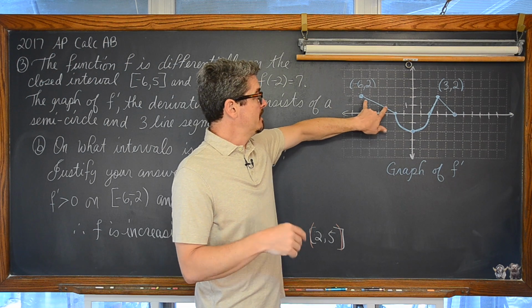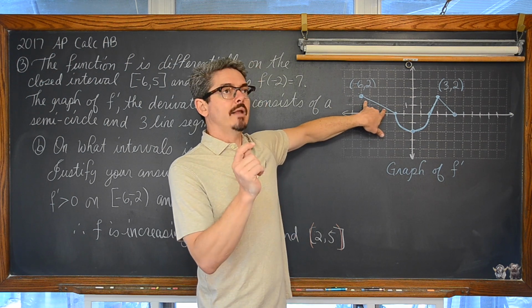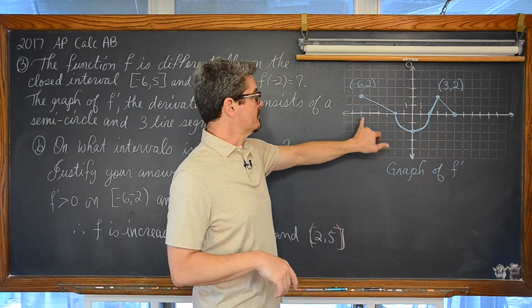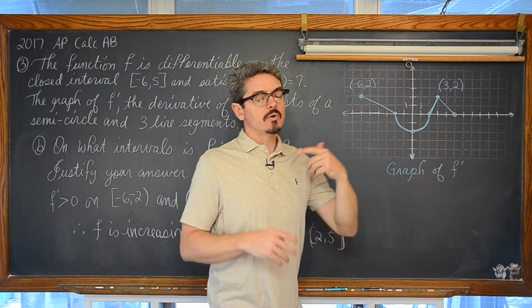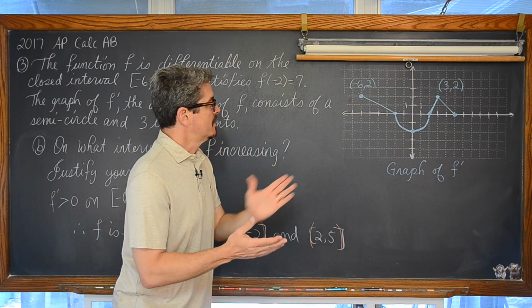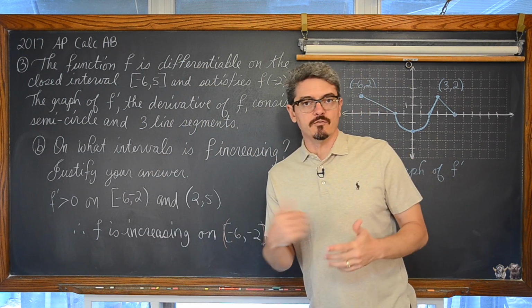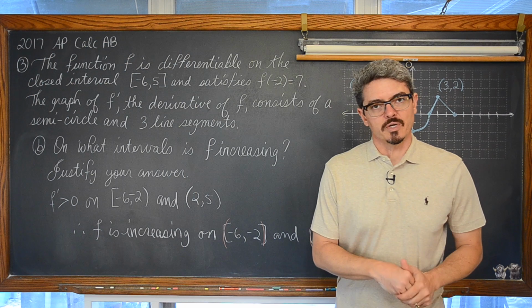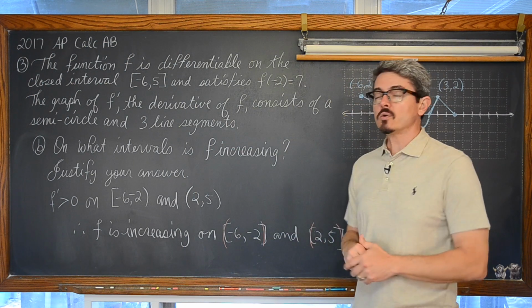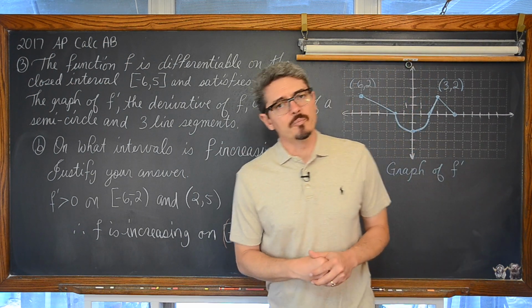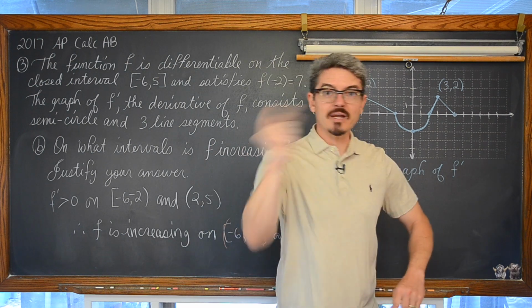So f is increasing and concave down on the interval from -6 to -2, for those reasons, f prime being positive and f prime being decreasing. So let's just be aware of that as we get ready for our AP tests in 2020 and beyond, as opposed to just looking at these older exams to help us review. Part C coming up right now.